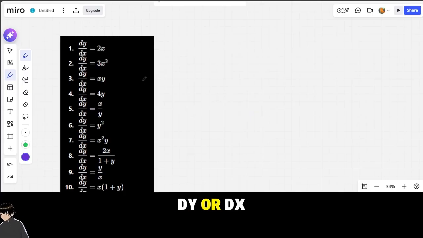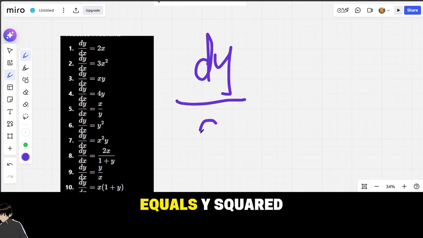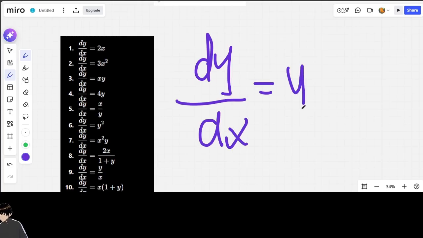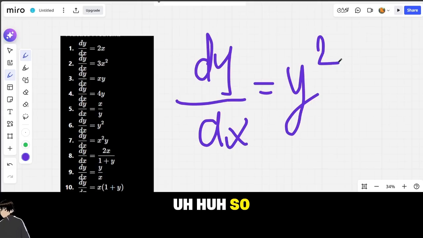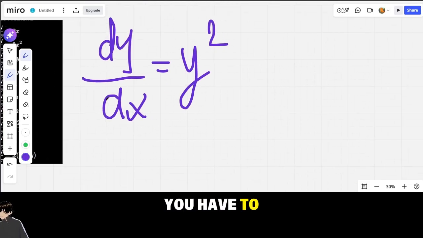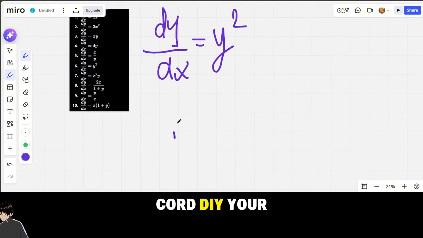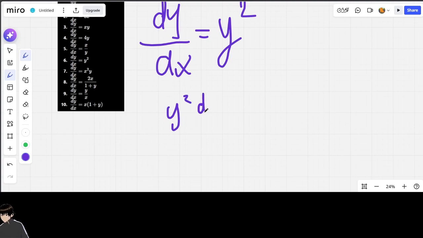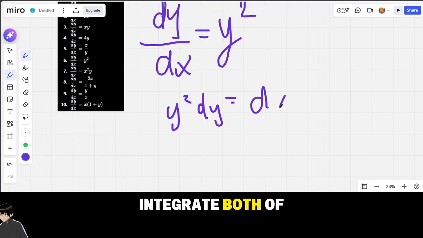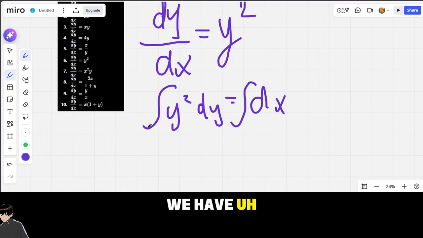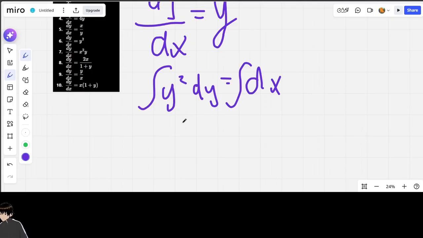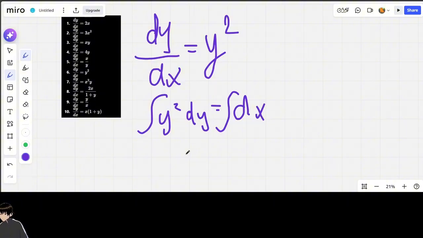So you have dy over dx equals y squared. So we have two separate variables. We have y squared dy... we have dy over y squared equals dx over here, and then integrate both of them.